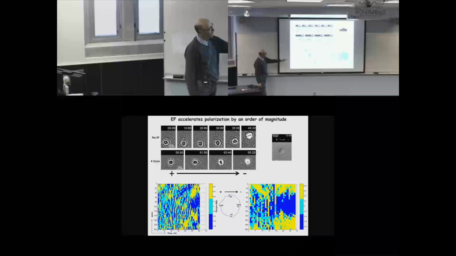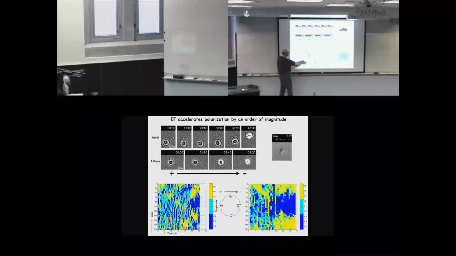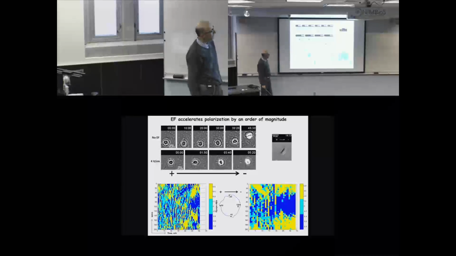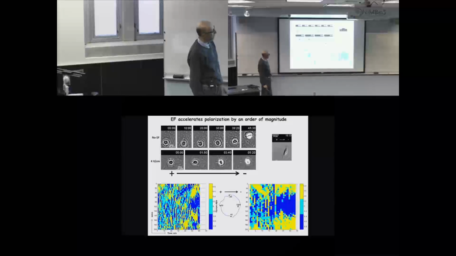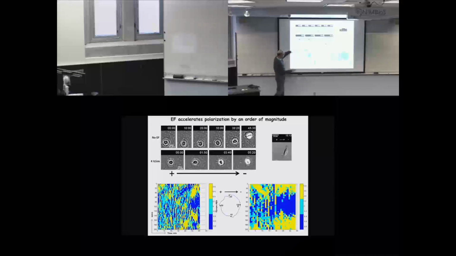These are heat maps of protrusion and retraction around the boundary of the stationary and then polarizing cell. Warm color is protrusion, cold color is retraction. In the cell without electric field, first there's this chaotic pattern of protrusion and retraction, and then retraction starts at the future rear and the cell starts moving.